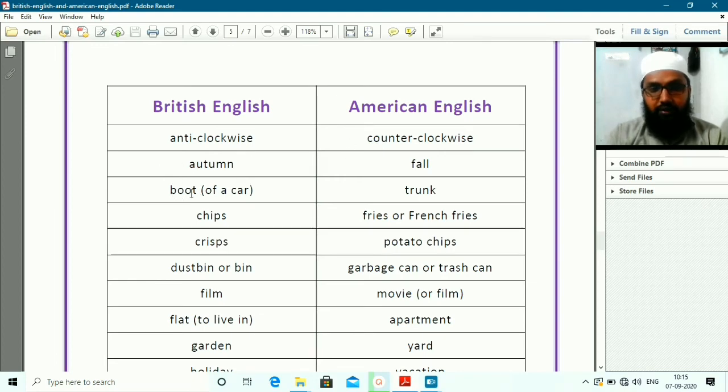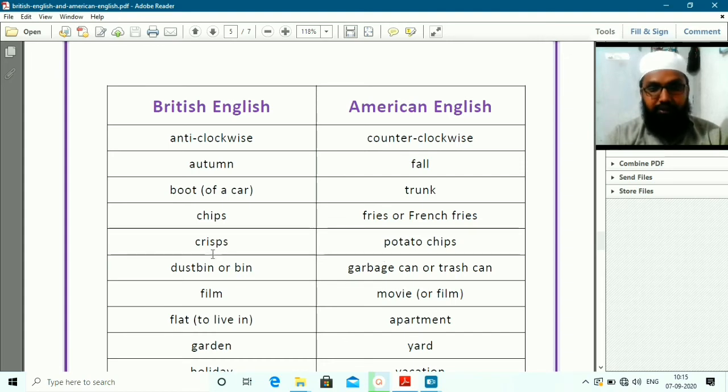Here we have to say boot of a car, but in American English we have to say trunk. Like that, chips. In British English chips, in American English we have to say fries or French fries. In British English we should say crisps, whereas in American English we have to say potato chips.